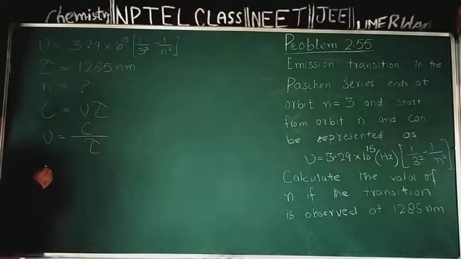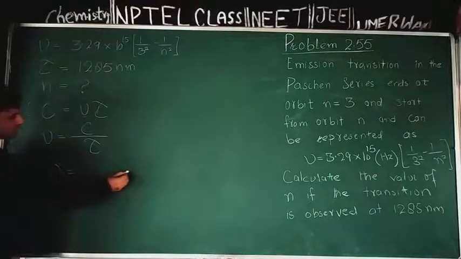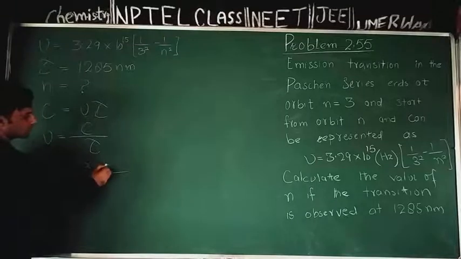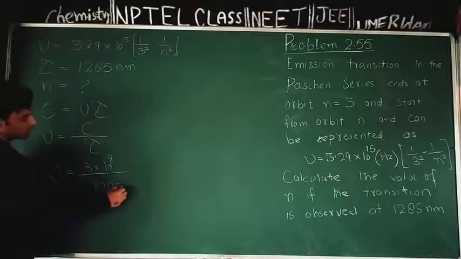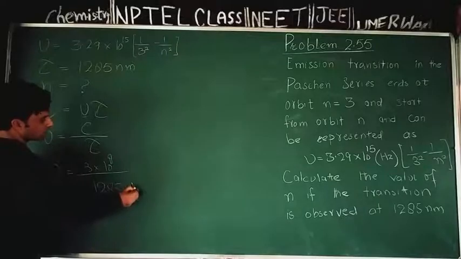Now I will substitute value of C, velocity of light in vacuum. It is 3 into 10 to the power 8 meter per second. Wavelength is given 1285 in nanometer, and in meters it will be 10 raised to the power minus 9.